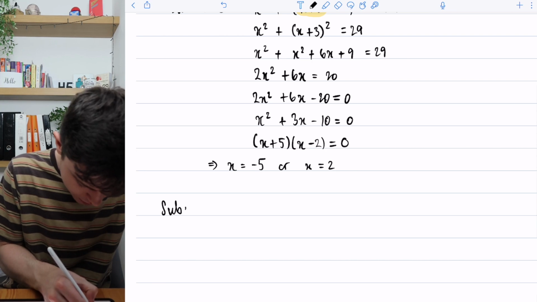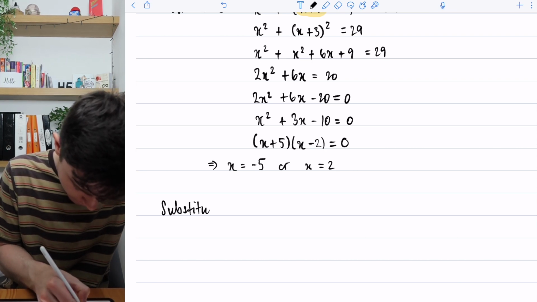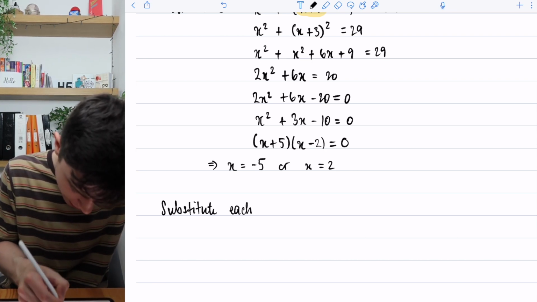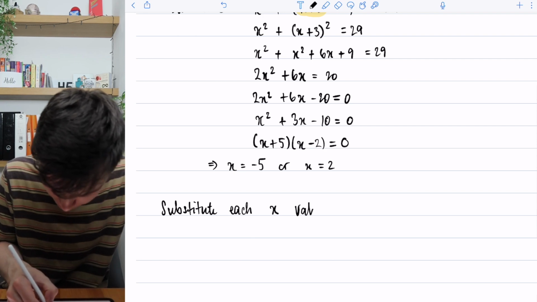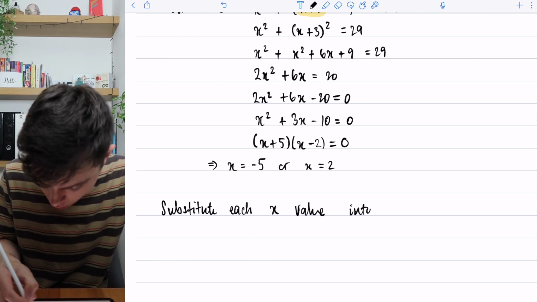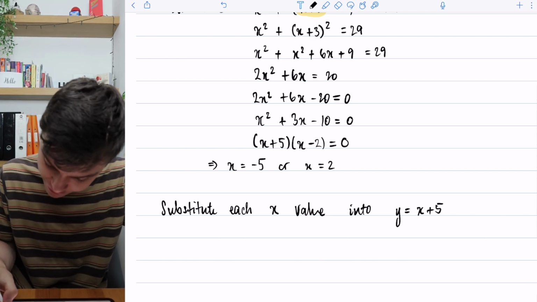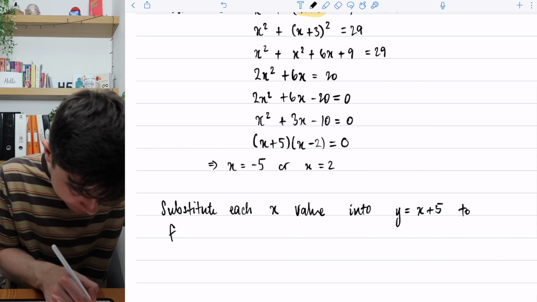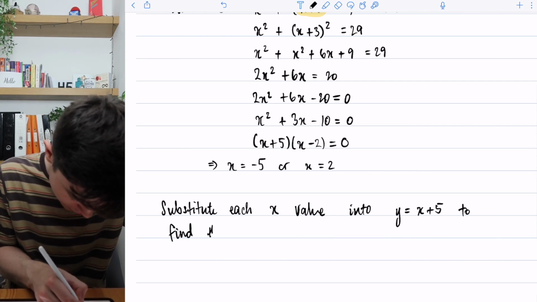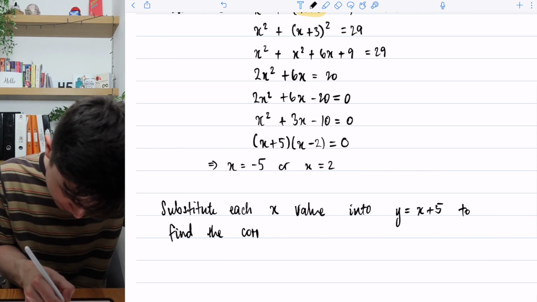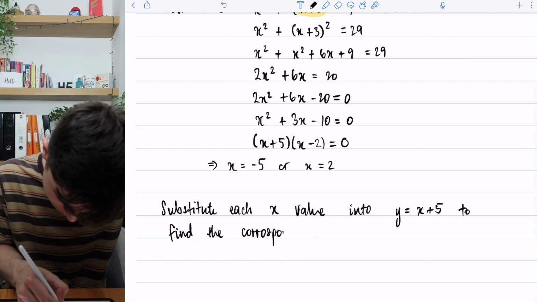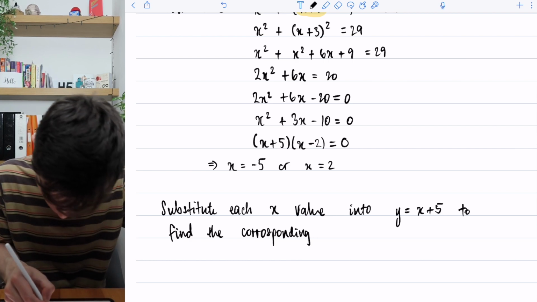Let's substitute each x value into y is equal to x plus 5 to find the corresponding y values.